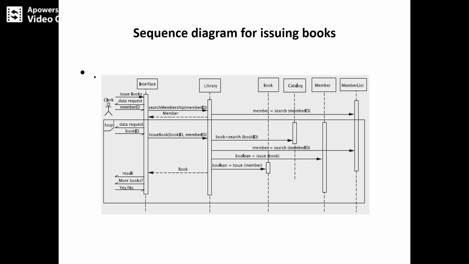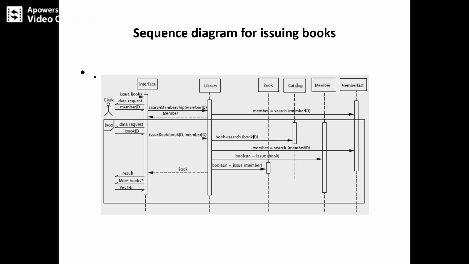Once the loop starts again, it requests data from the user interface, that is the system, which will be entered by the library staff, or we can say the clerk. So here the user interface receives a reference to the member object from the library, and then queries the IDs of the books.